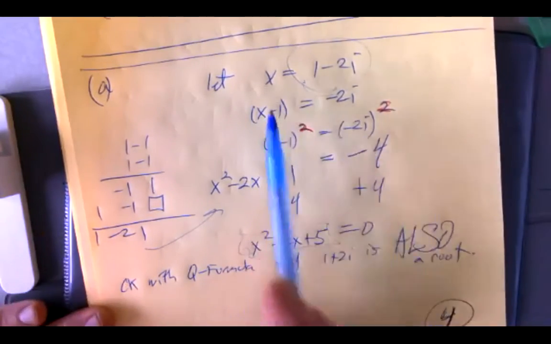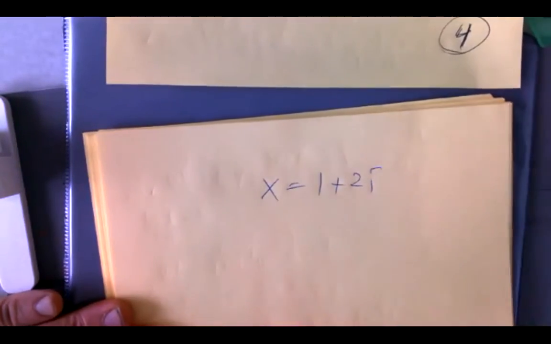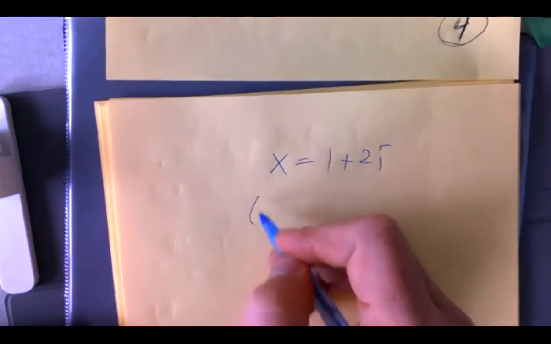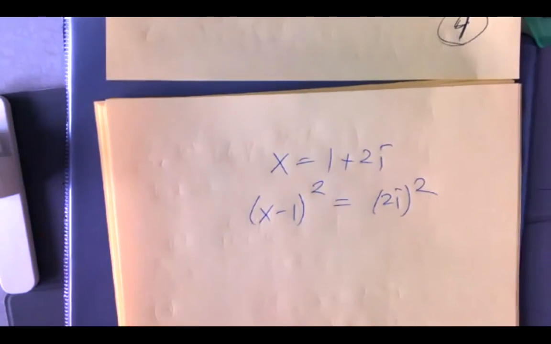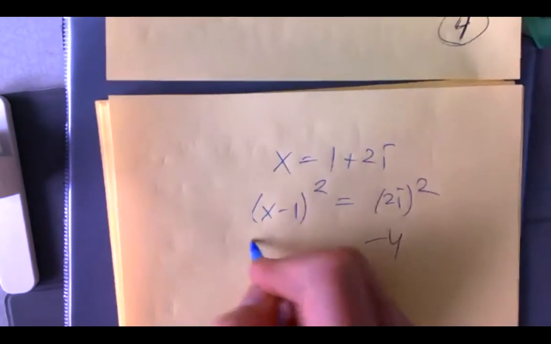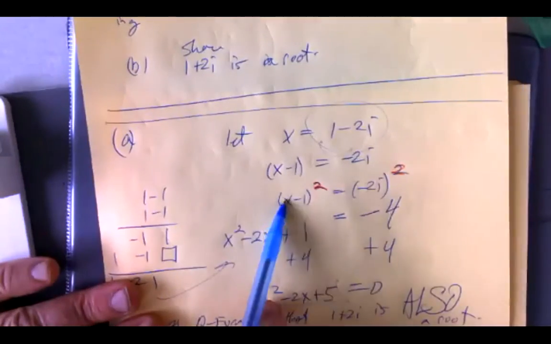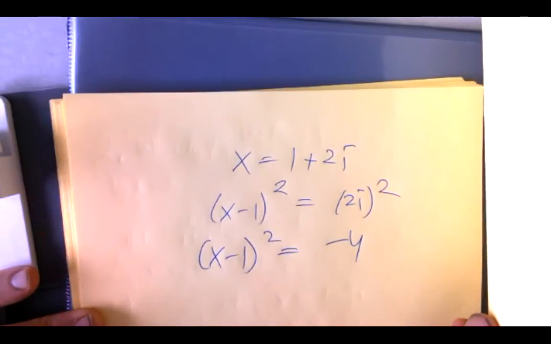Even though I didn't. Okay, I'm on tangent alert. Watch what happens. This is pretty cool. So I do this. What happens when I square 2i? Still negative. See, I got the same thing. It means that would have also generated the same polynomial, the same quadratic.